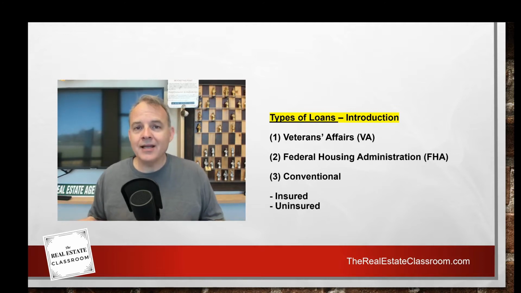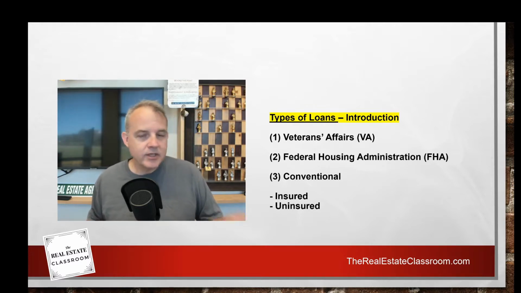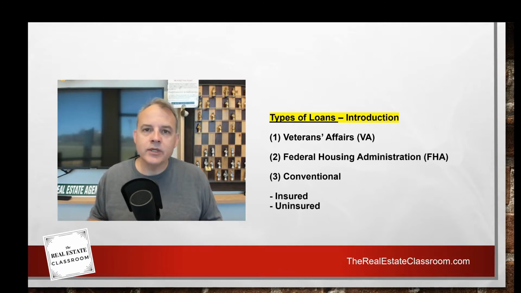Now, understand, we're not going to dive into the exact details of each loan, like the percentage of down payments you're going to need and percentage of funding fees and things like that, because those items change all the time. And so they're typically not asked on the real estate licensing exam. What I'm giving you is the things that you need to know for the exam, and they're relevant to the profession as well.